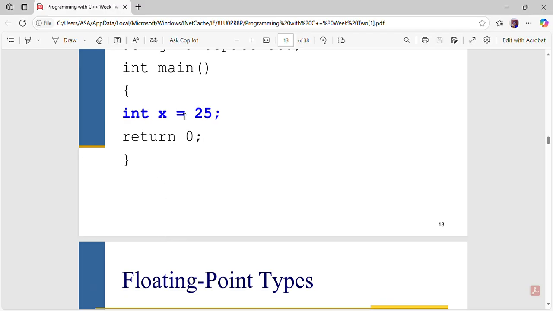It can be seen clearly that since 25 is a positive integer, we didn't attach the plus sign to it. But if it was negative, we would have added the negative sign or the minus sign to it. So it means the 25 here has been assigned to the x.